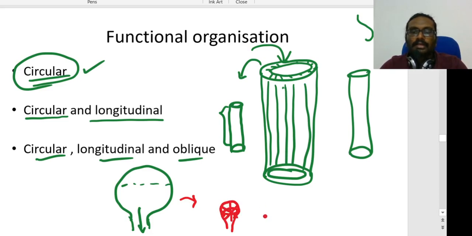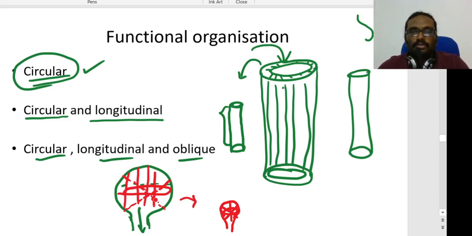All this will make this thing smaller like this. To make a spherical bladder smaller, it is a 3-dimensional thing. It's a sphere, like a ball. So we also have longitudinal arrangements. This is the oblique arrangement, this would be your circular arrangement and this would be your longitudinal arrangement. So you can see it arranged in all 3 ways.